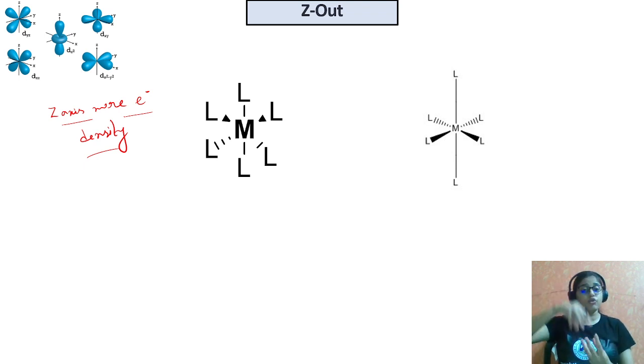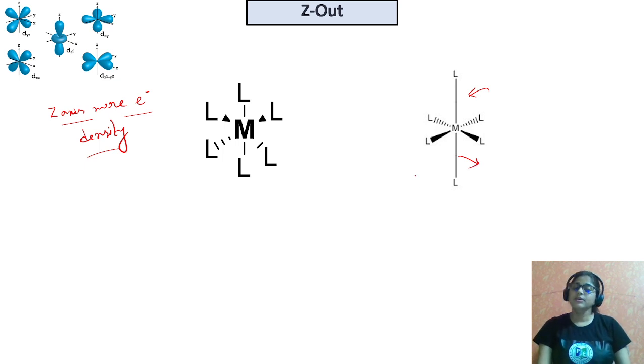Whenever they come closer, the repulsion will be more, so to gain stability they form the bond a little far away from the metal. That's why the bond length is more here.